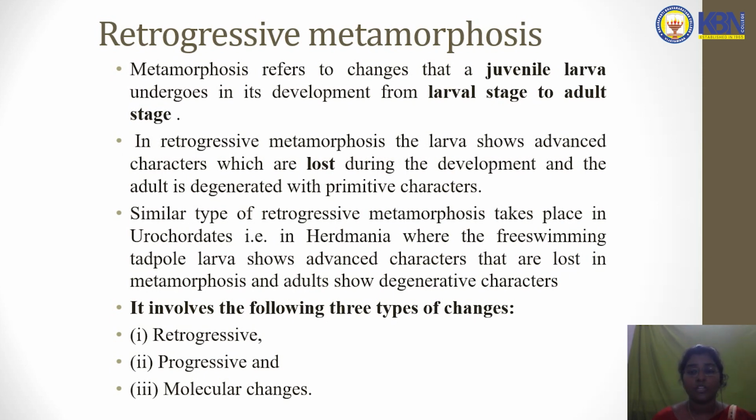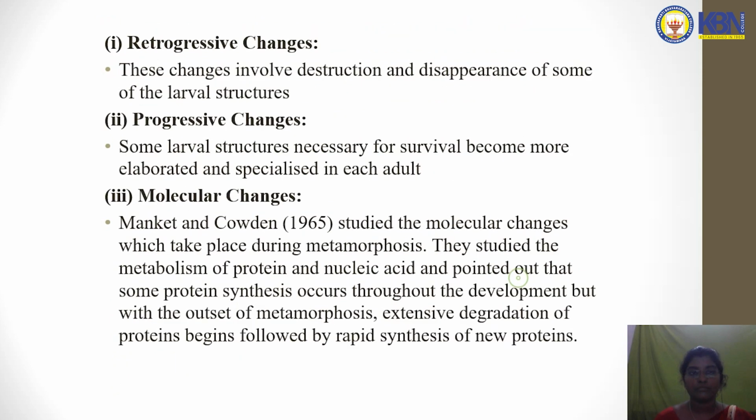Similar type of retrogressive metamorphosis takes place in Urochordates, that is in Herdmania, where the free swimming tadpole larva shows advanced characters that are lost in metamorphosis and adults show degenerative characters. It involves the following 3 types of changes: retrogressive, progressive and molecular changes.